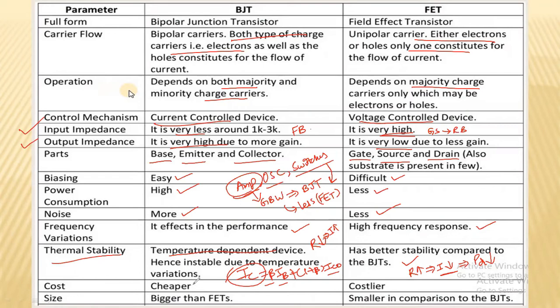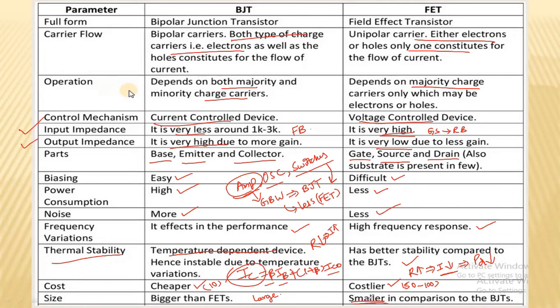Next, coming to cost, BJTs are cheaper and FETs are costlier. A BJT may be available for 10 rupees, whereas the cost of a FET may range from 50 to 100 rupees. Next, the size of BJTs is large compared to FETs, whereas FETs are smaller.